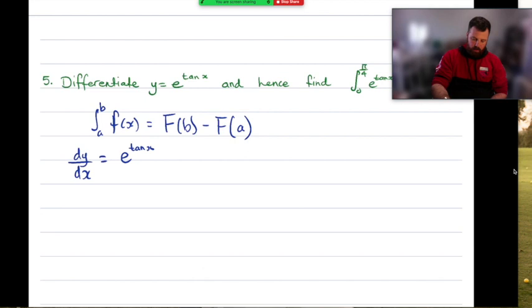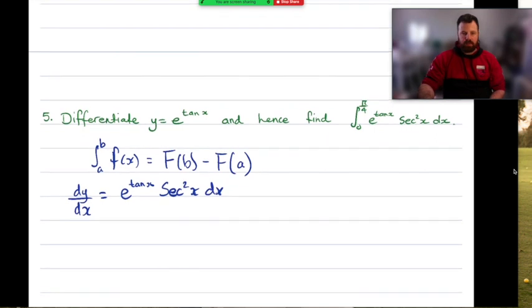However, remember that with tan, it behaves like a chain rule, so it's the derivative of this multiplied by itself again. Going back to our reference sheet, the derivative of tan of x is sec squared x. So we can go sec squared x dx.